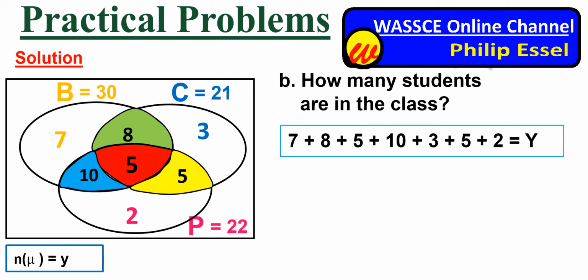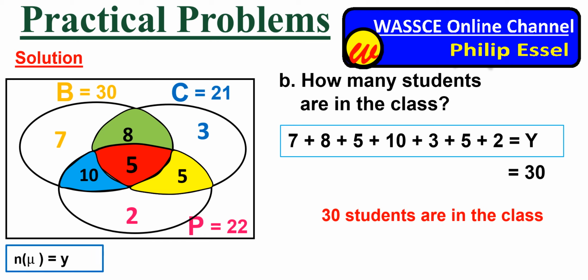When we do this well, we would get the value of y to be equals to 30. Therefore, the total number of students in the class is 30.